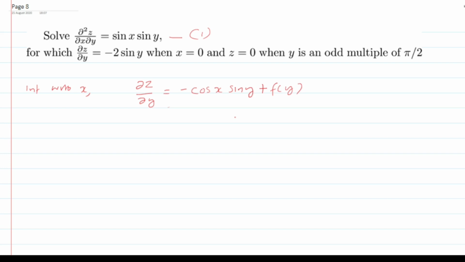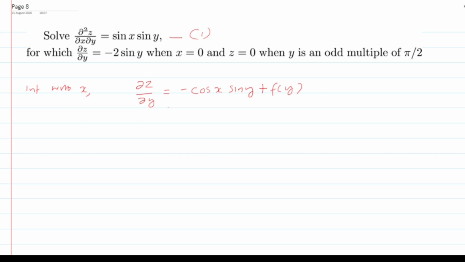You can do it in two ways. One, you can find all the steps and find the function z, then apply the initial condition. But in this case it is easy to substitute the initial condition and find f(y), then proceed further. So we can do that now.